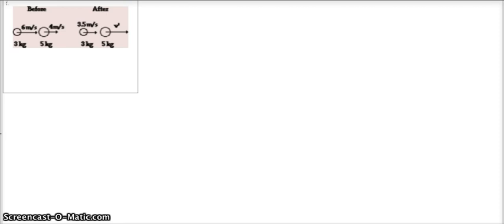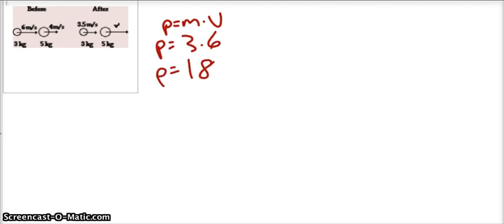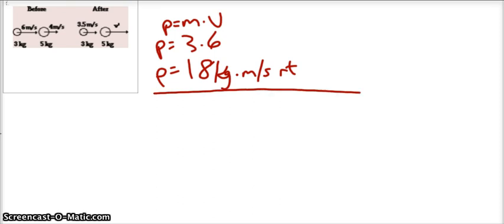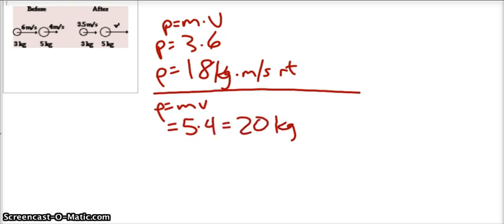All right. For this one, P equals M times V. You have P equals 3 times 6, so P equals 18 kilograms times meters per second to the right. For this next one, so we'll just go underneath, P equals M times V, and this is equal to 5 times 4, which equals 20 kilograms times meters per second to the right.